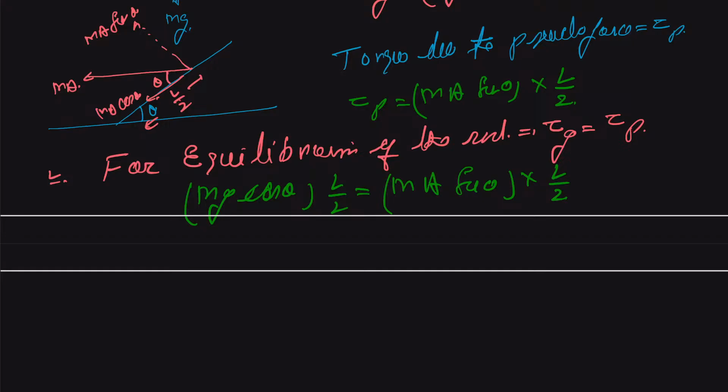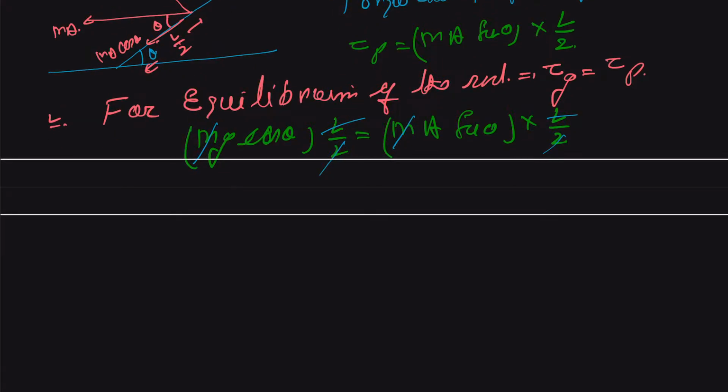Here the mass and the length cancel out. So we get tan theta is equal to g upon a. Or we can say the equilibrium angle which we are supposed to find is theta equals tan inverse of g upon a. And mind it, this angle is with respect to the horizontal. So this was our first part.